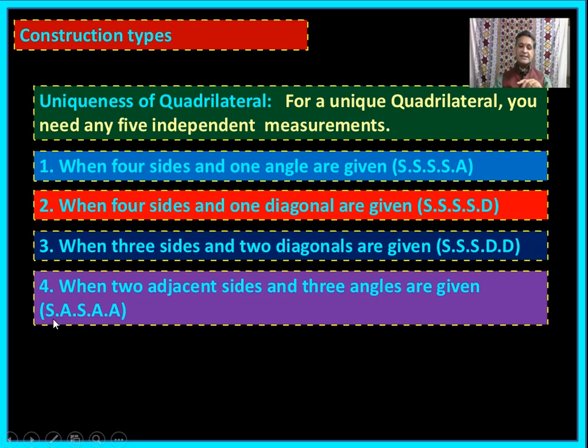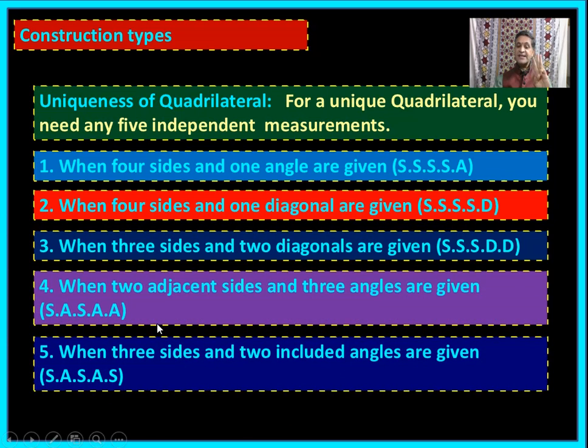That means you write side, angle, side, angle, angle: 3 angles, where 1 angle should be in between the 2 sides. Then only we can construct. Otherwise we cannot construct a quadrilateral using these 5 measurements. So the fourth one is when 2 adjacent sides and 3 angles are given, we can construct the quadrilateral.